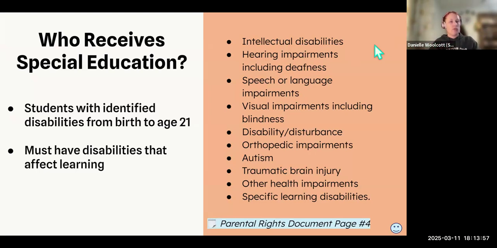These are the different areas in which a student could have an eligibility, ranging from intellectual disabilities, speech and language impairments, to autism, traumatic brain injury, specific learning disabilities. So it is an extensive list, and you have to conduct evaluations to see if the child meets any of these eligibilities.